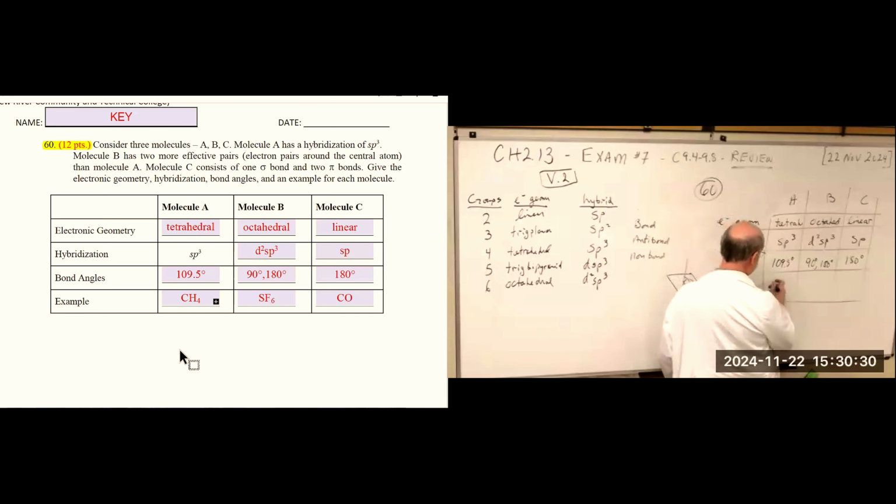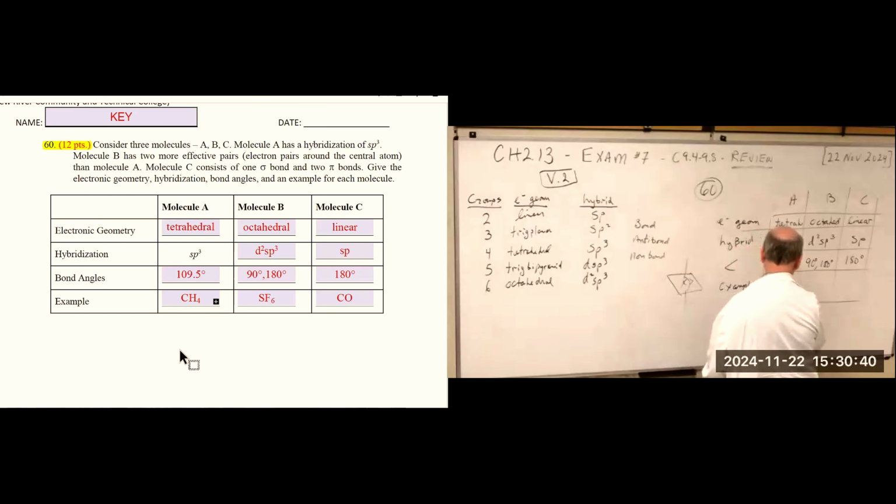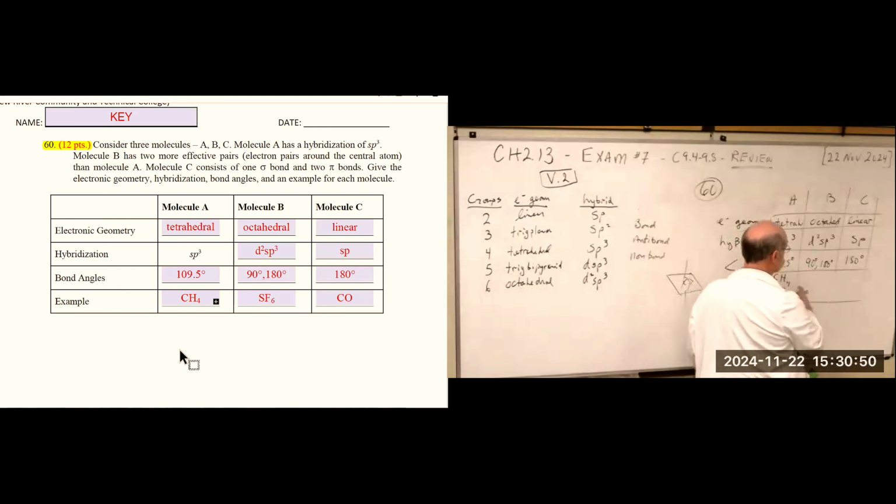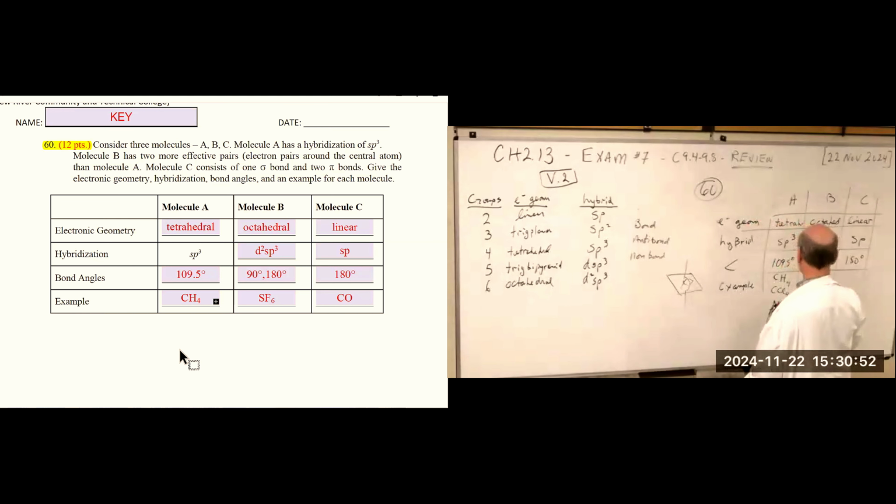Examples. Well, methane's a good one. Or carbon tetrachloride, that's a good one. You could even get ammonia. Will be tetrahedral electronic. How about this one? Well, we just did one. SF6 would be a good one.